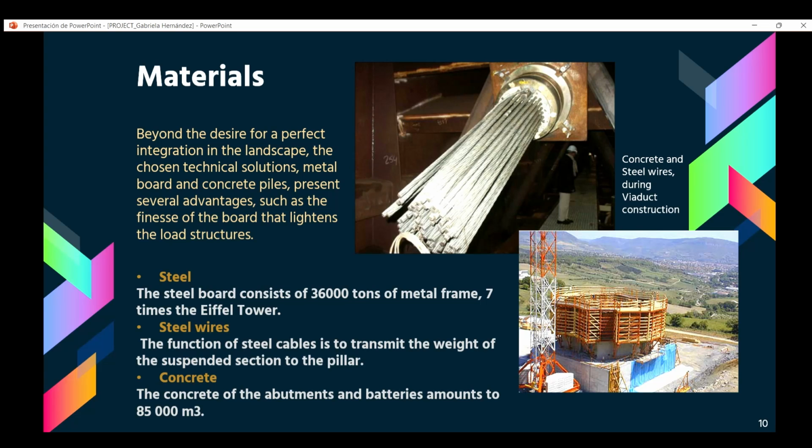The steel board consists of 36,000 tons of metal frame, 7 times the Eiffel Tower. Steel wires. The function of steel cables is to transmit the weight of the suspended sections to the pillar.